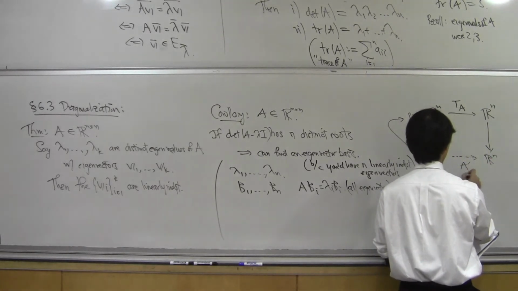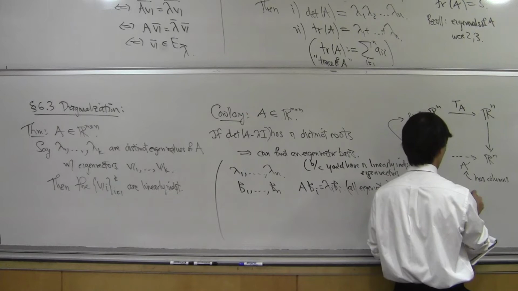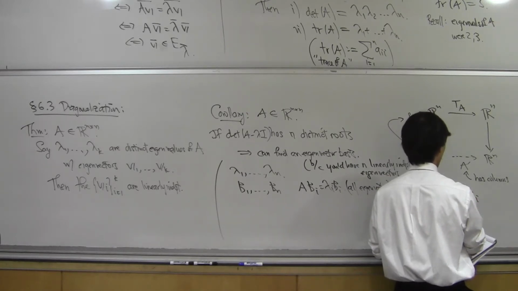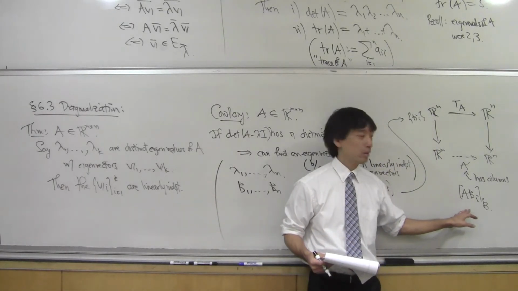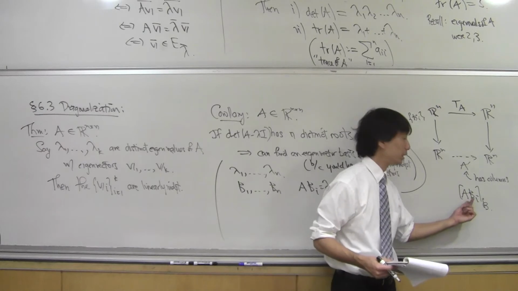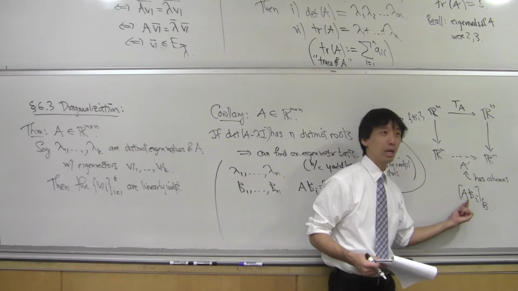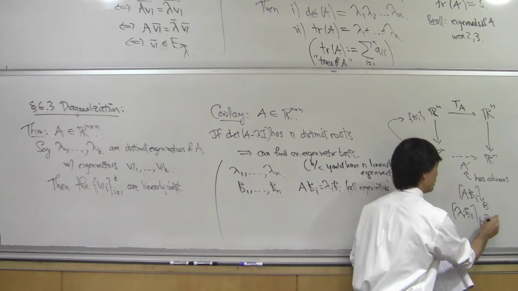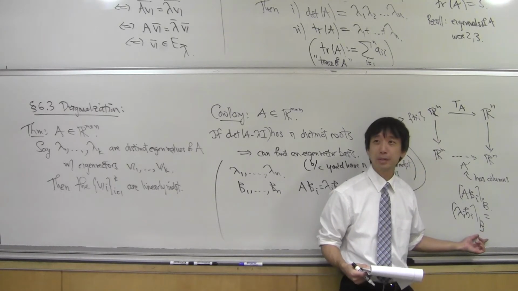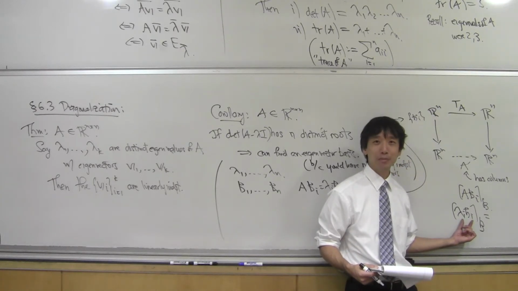So this thing has columns A bi with respect to the B basis. But what's A bi? These are eigenvectors, so A bi is just going to be lambda i bi. What's lambda i bi with respect to the B basis? How do you represent this as a linear combination of the bj?